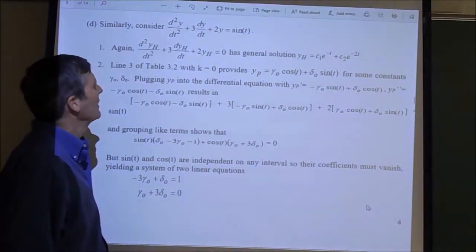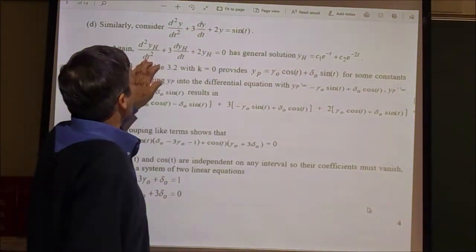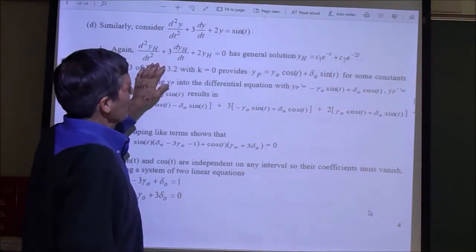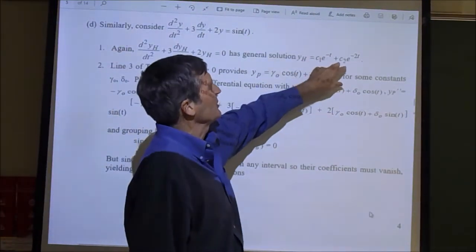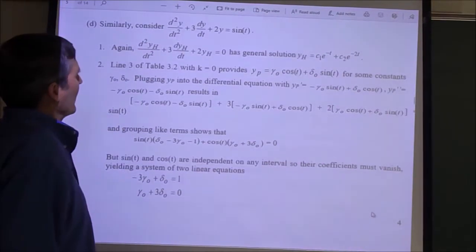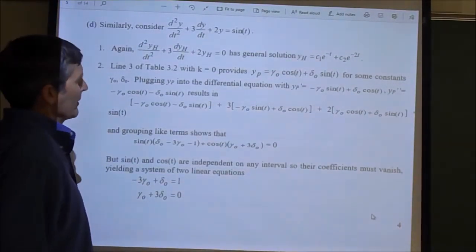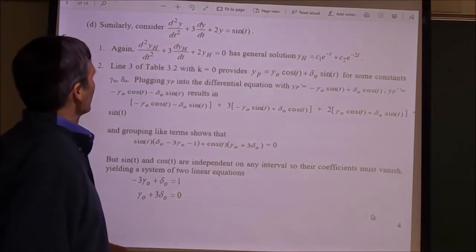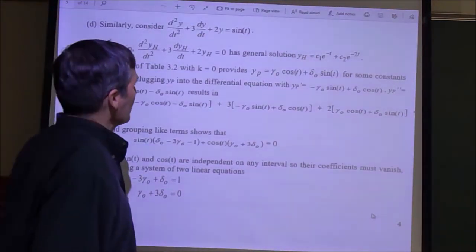It's not too bad. But you solve the associated homogeneous problem. That's c1 e to the minus t plus c2 e to the minus 2t. And now line 3 of the table tells you, where you have polynomials times sine and cosine, that you actually need both terms.